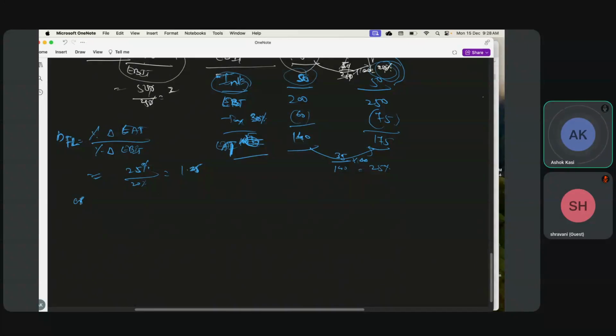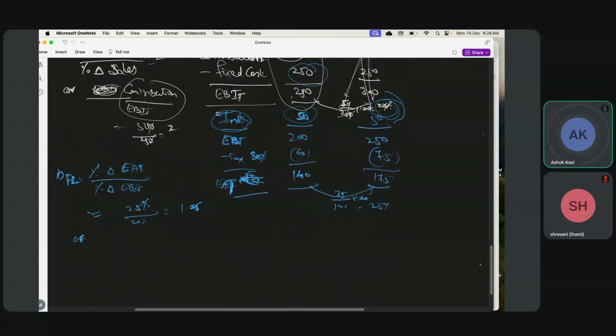I can even write it in another form. For the base case, it will be EBIT divided by EBT, earnings before tax. So EBIT is 250, EBT is 200.